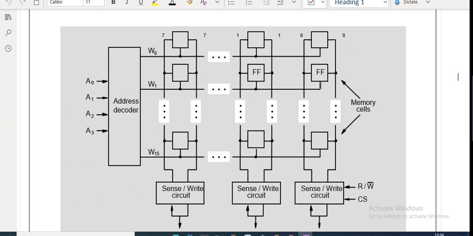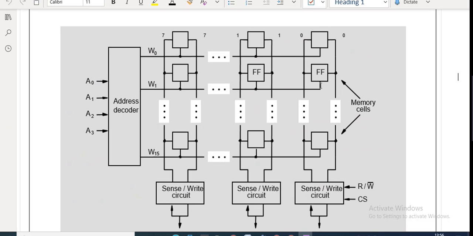It is not 10 power 3, it is 2 power 10. That means 1024. So 1024 what? 1024 bits, not bytes.